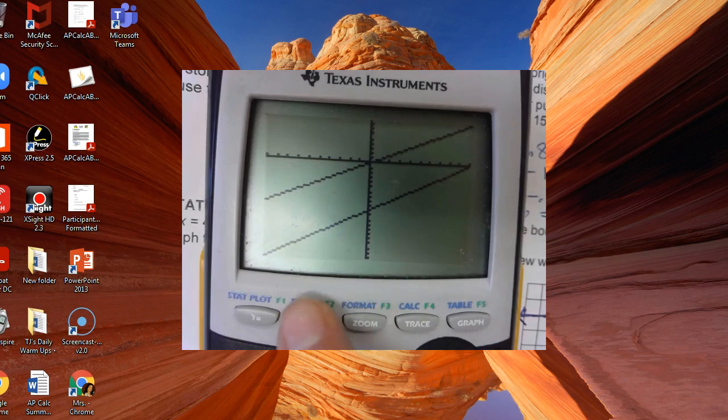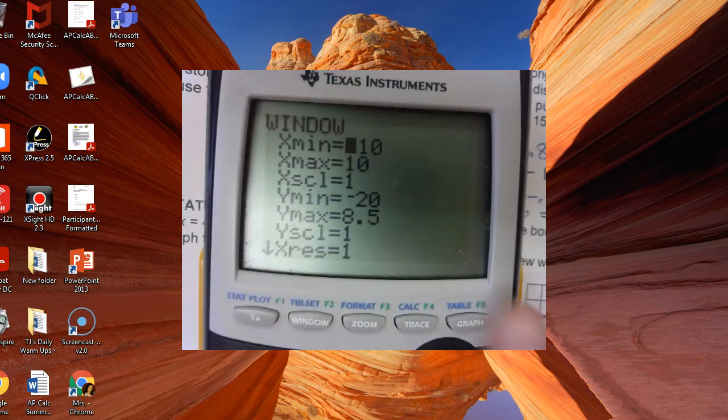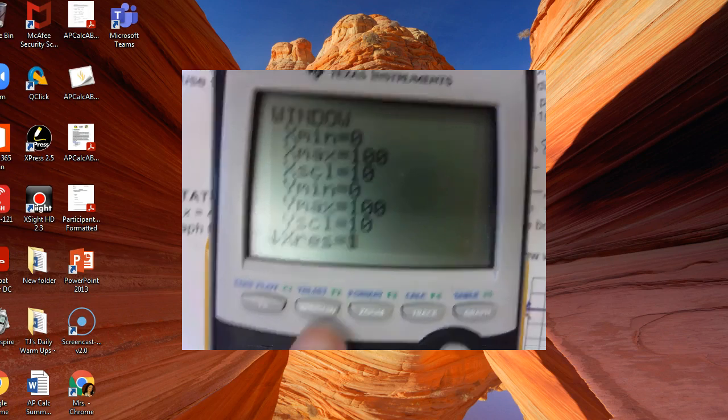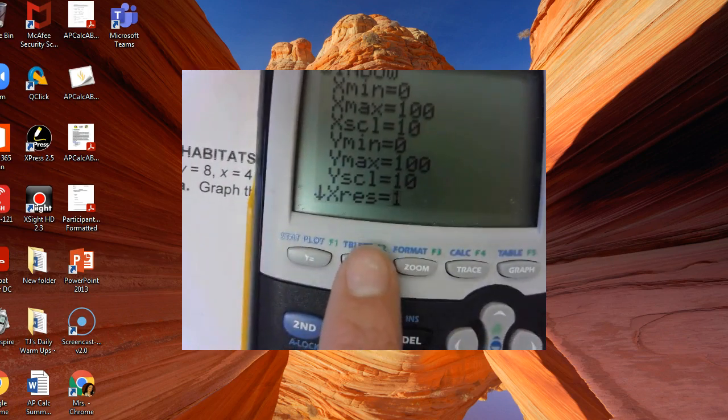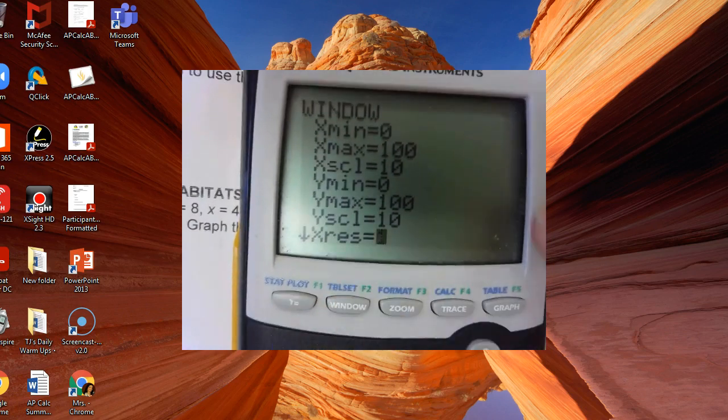Sometimes it's awful. So I'm going to make my window 0 to 100 and 0 to 100 and go by 10. I just hit the window key right here. That lets you change your values. So type 0, 110, 0, 110, and then hit graph.